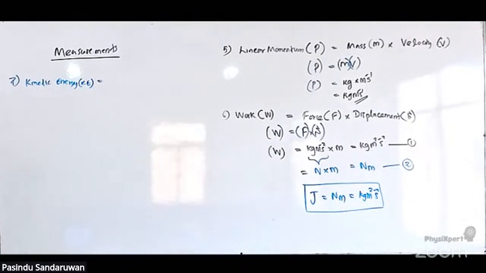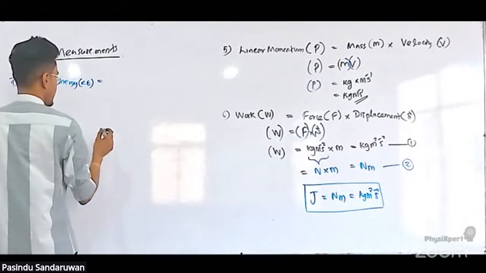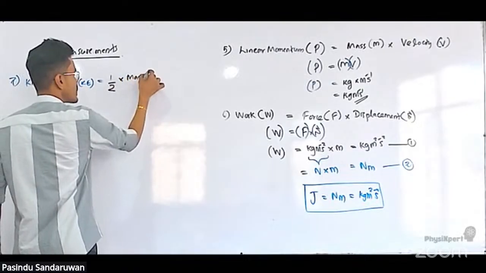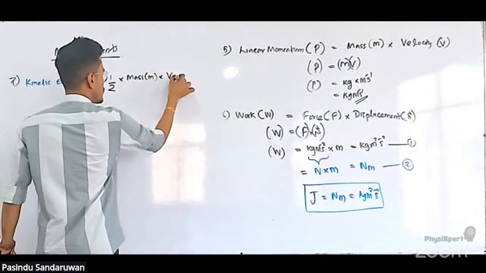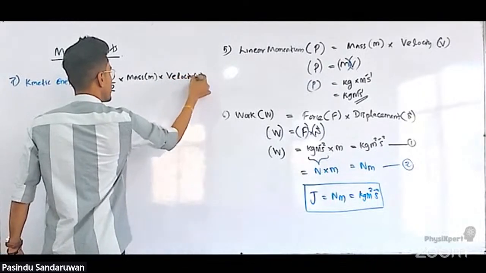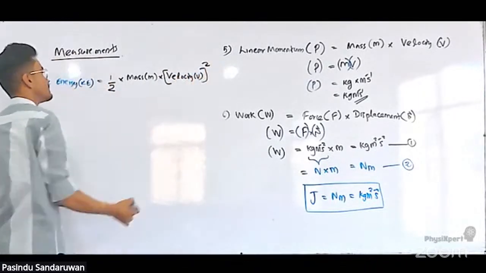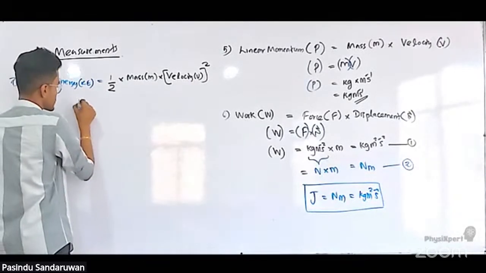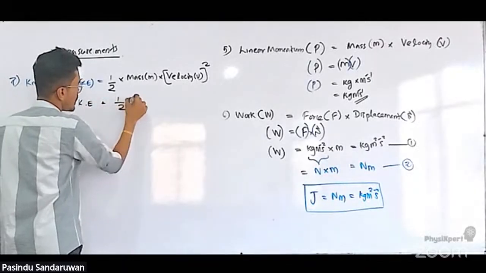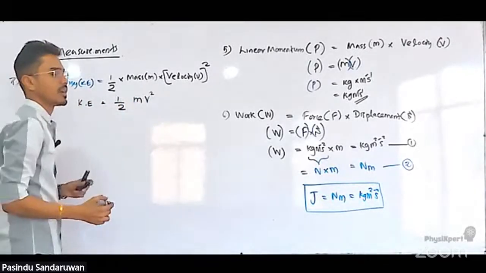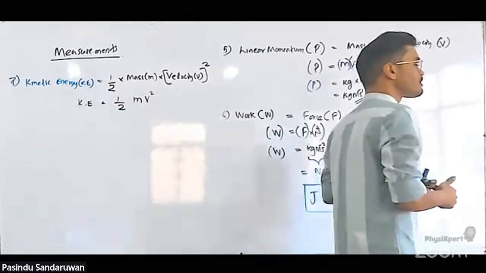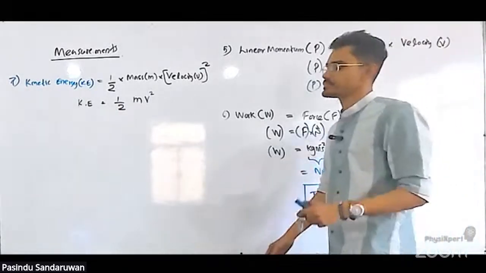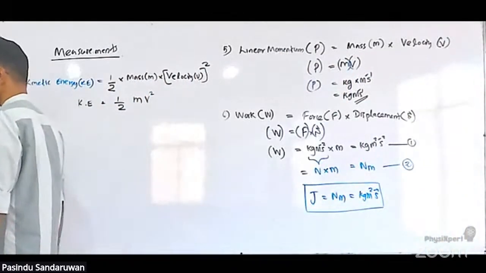We usually put KE, kinetic energy, half times mass m into velocity v whole thing squared. Kinetic energy equals half mv squared. Okay, try it. Before I explain anything, give it a try first.